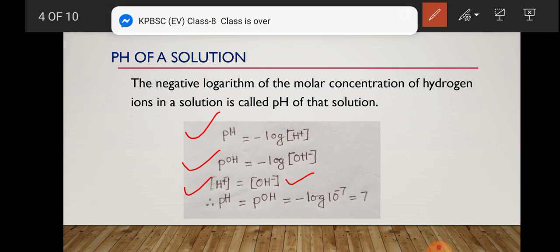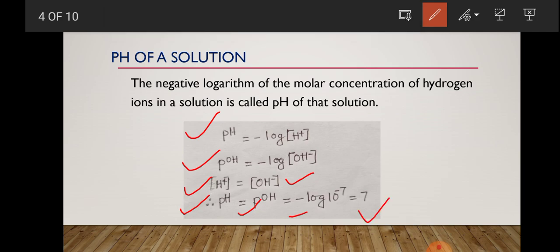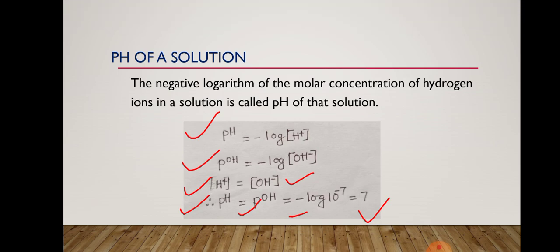That is, the pH equal to pOH equal to minus log 10 to the power inverse 7, that is 7. That means the pH of neutral solution is 7. And pH of basic solution is greater than 7, and pH of acidic solution is less than 7.